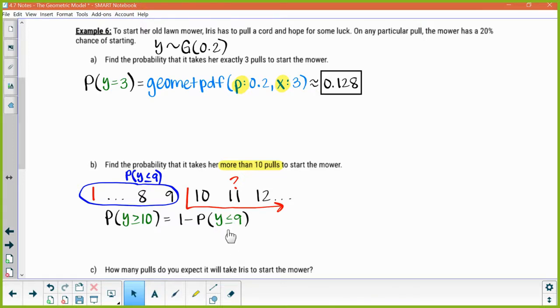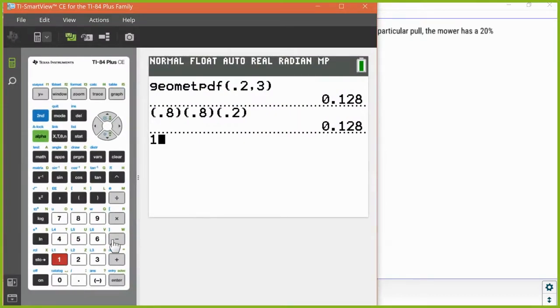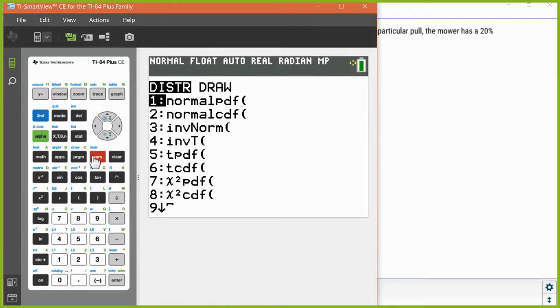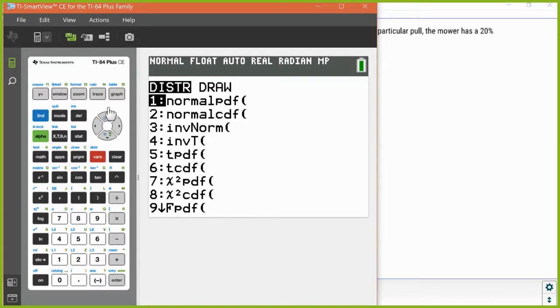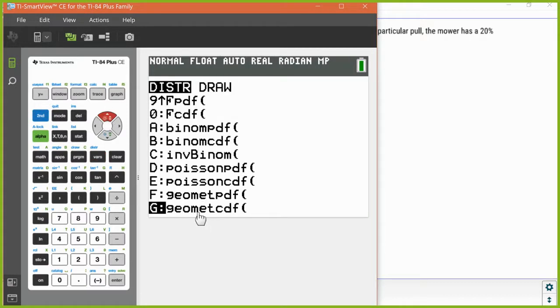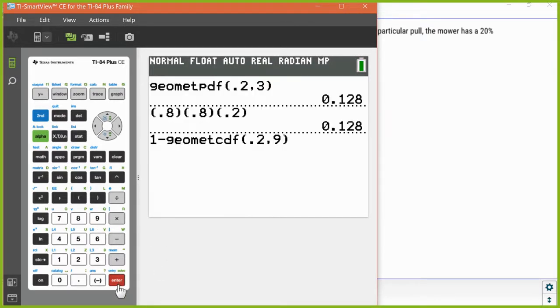So I'm going to go to my calculator one more time. I'm going to do 1 minus second vars up, second vars, start back over, up to geometcdf, which is G. I'm going to tell it my probability of success is 0.2, and my value that I'm interested in is 9. Paste. So I'm doing 1 minus the probability y is less than or equal to 9.